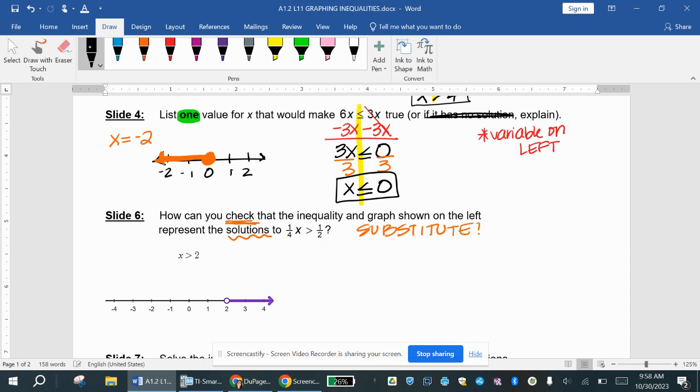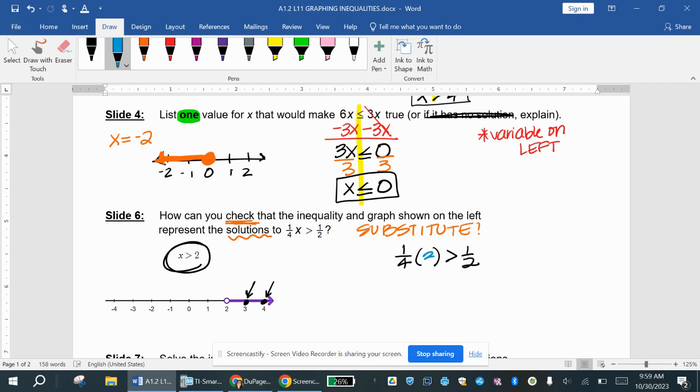So I'm going to take my inequality, and instead of x, I'm going to substitute. Now notice, this says x is any number to the right of 2, any number greater than 2. So I can just pick any number that I want. Let's say I pick 3, right? I could pick 4, pretty much any number.